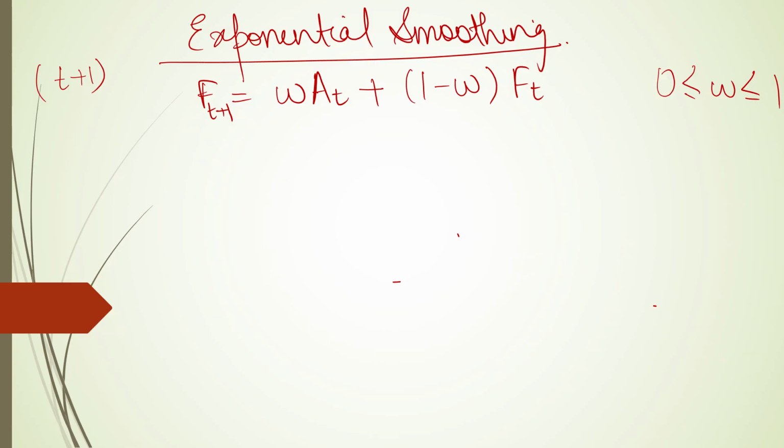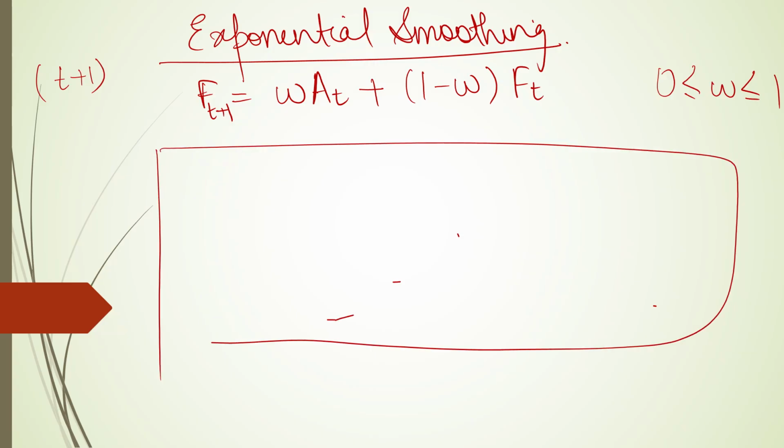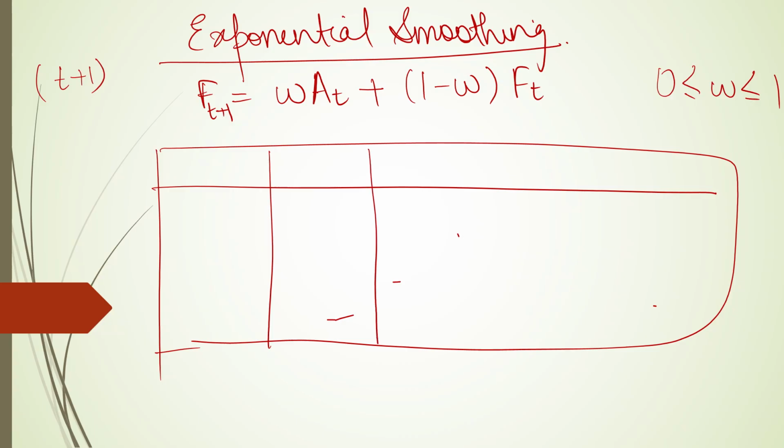Now, like we had in the earlier question, we'll similarly make a table: quarter, actual. It's 1, 2, 3, 4, 5, with actual values 20, 22, 23, 24, and 18.